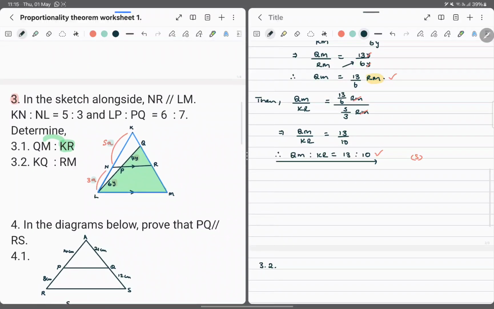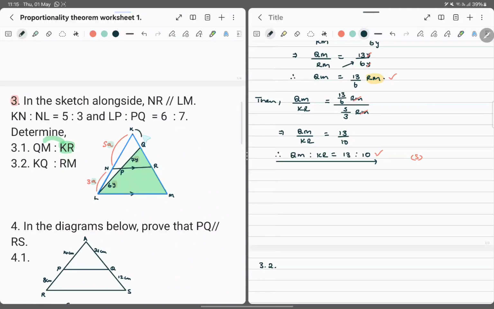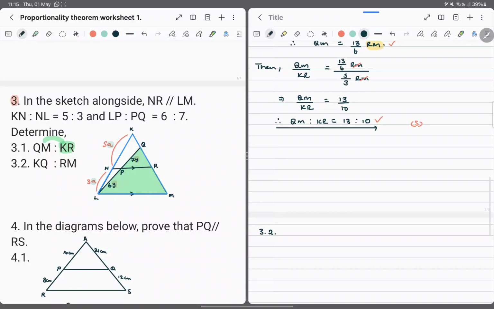So this simply says we need to show this KQ in terms of RM. So how are we going to get to that? Now this is where you see again that we have a big challenge, because this simply says we need to find KQ in terms of RM. So how will we do it?